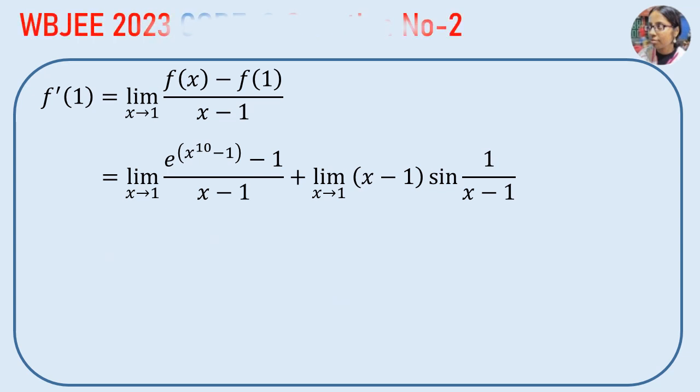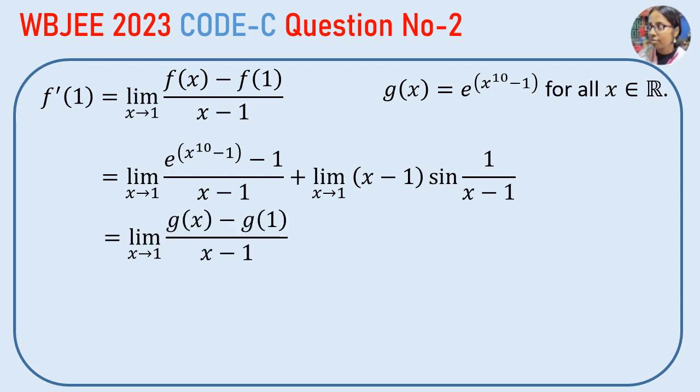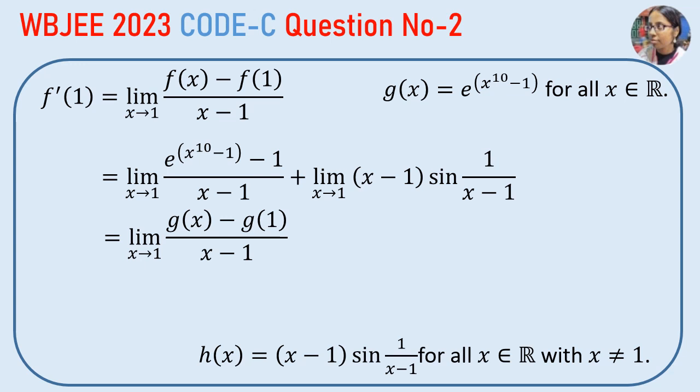So what is g(x)? g(x) equal to e to the power x to the power 10 minus 1. Therefore, limit x tends to 1 of (g(x) minus g(1)), since g(1) equal to 1, upon x minus 1, plus, since h(x) equal to (x minus 1) times sine 1 upon x minus 1, limit x tends to 1 of h(x).